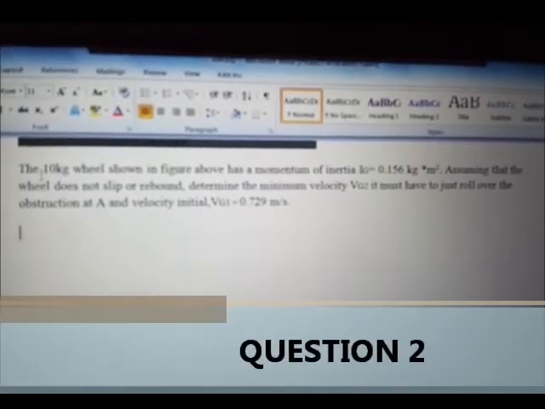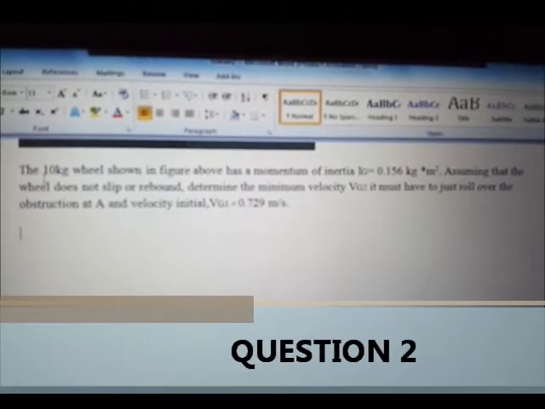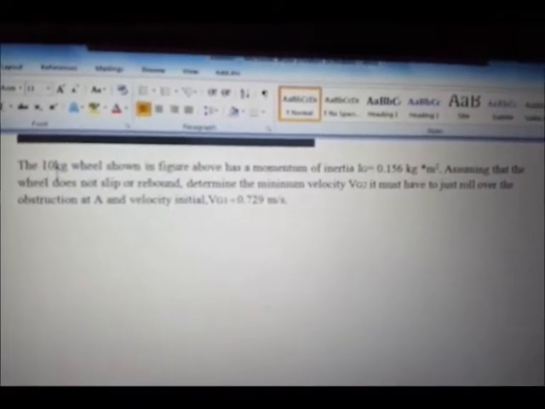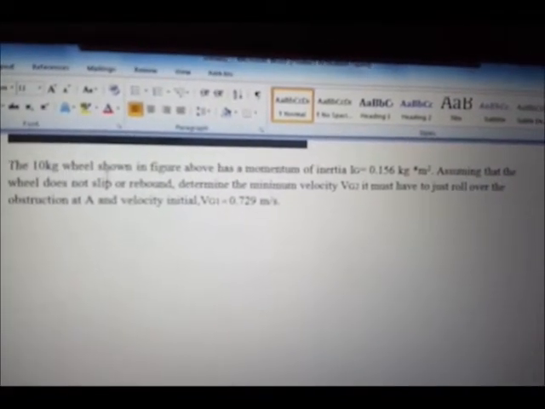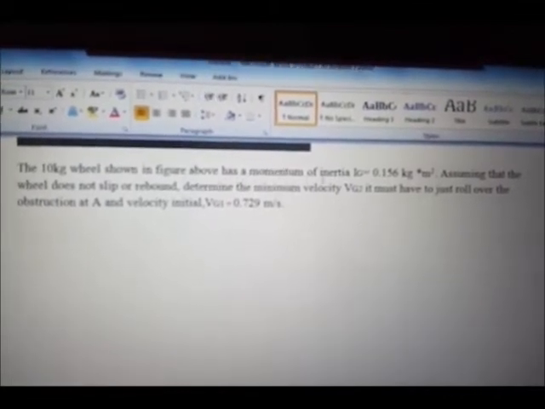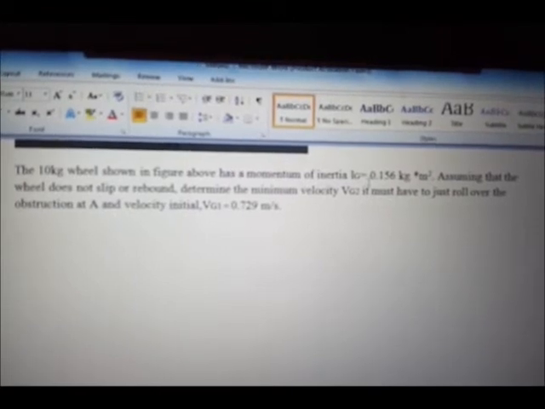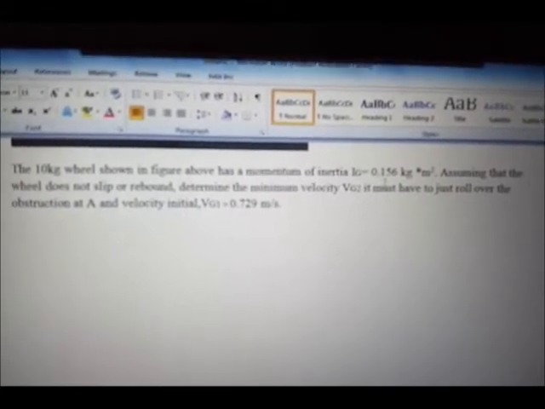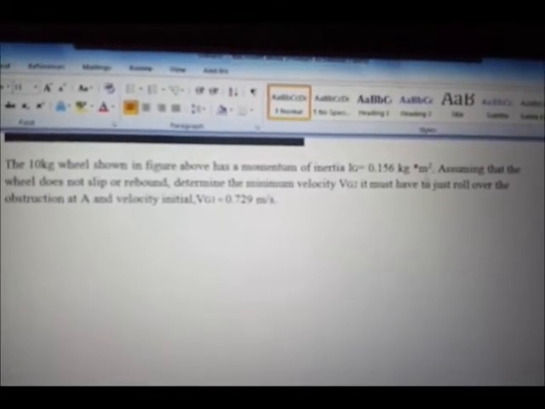This is question number 2. Question asks, the 10 kilogram wheel shown in the figure above has a moment of inertia Ig equal to 0.156 kilogram times m square.